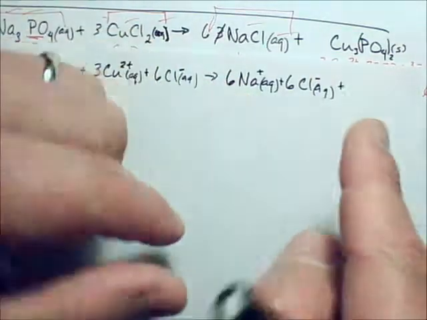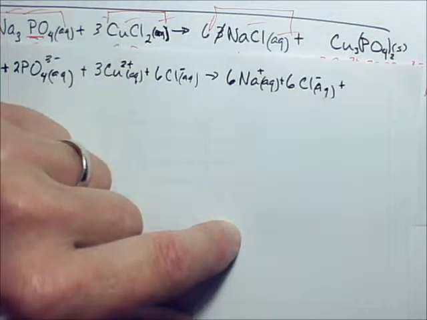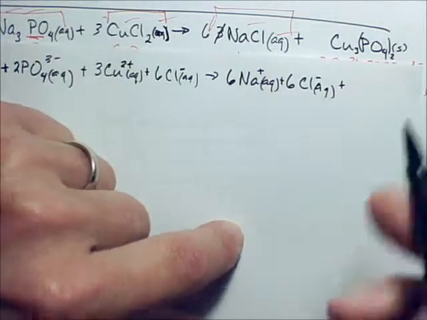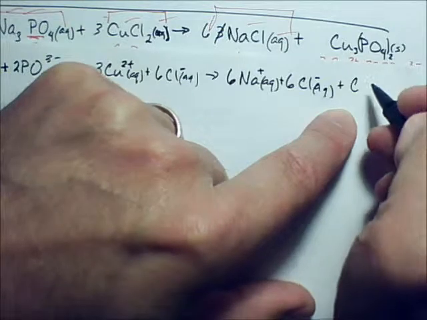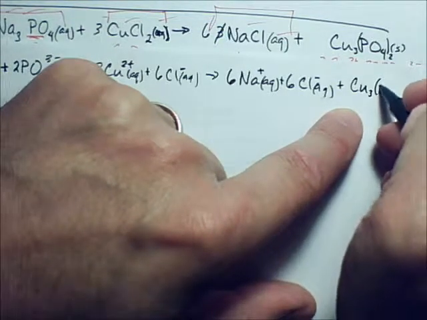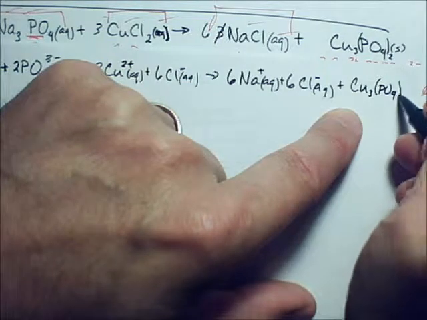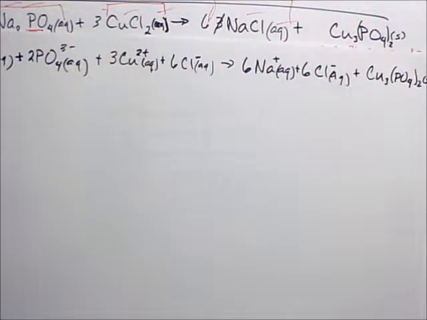If it's not both, you don't break it up. How do you know if it's acidic? Hydrogen's on the front. That's how you find out if it's acidic, if the hydrogen is on the front. So this one we're going to leave alone because we can't break it up. All right. There is a complete ionic equation.